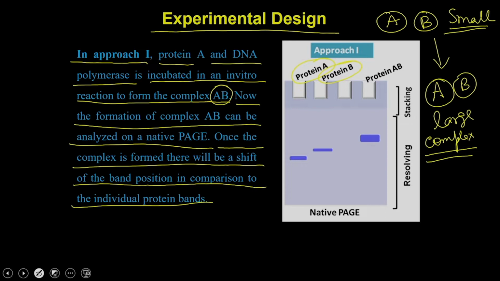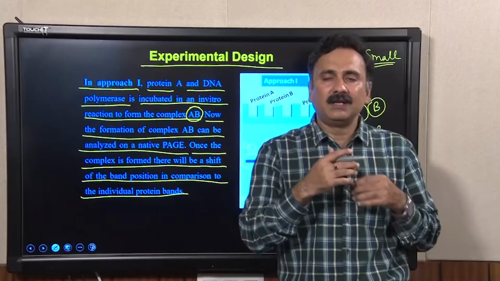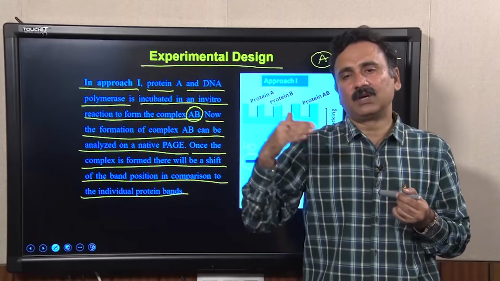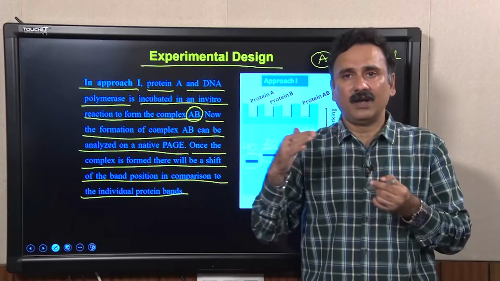So, if you load them onto a native PAGE, protein A will run as per its own molecular weight, protein B will run as per its own molecular weight, but the AB complex will run as per the sum of protein A and protein B. For example, if protein A is 40 kilodalton and protein B is 20 kilodalton, the complex will be 60 kilodalton, and that is how the electrophoretic mobility of the complex is going to be on a slower side.